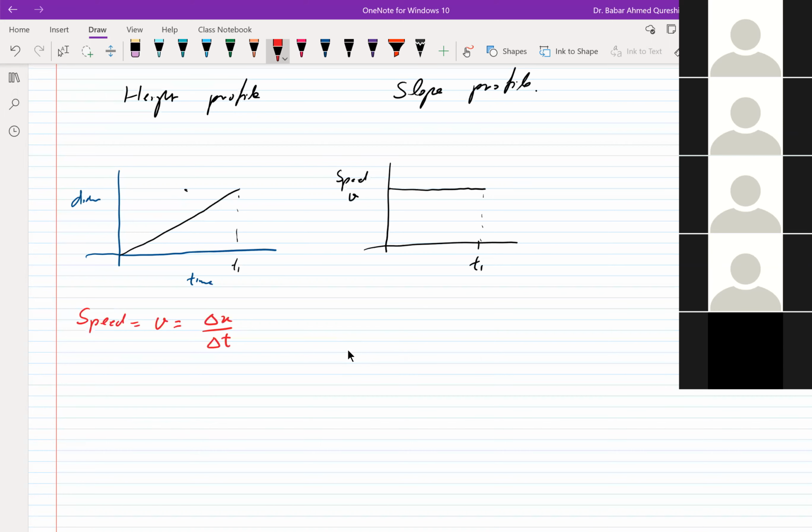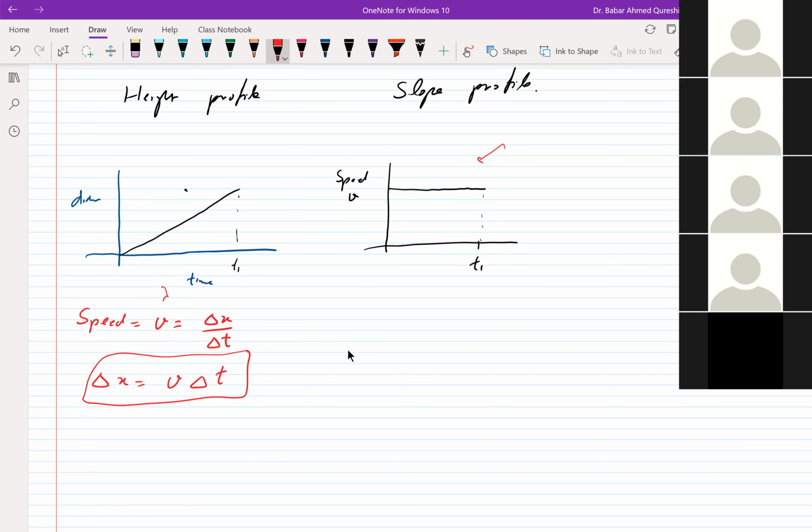But if we know speed, like over here, if we didn't know this graph, if we know speed, we can find the distance covered. Knowing the speed, I already know that it must have come from a straight line. So I can compute this.